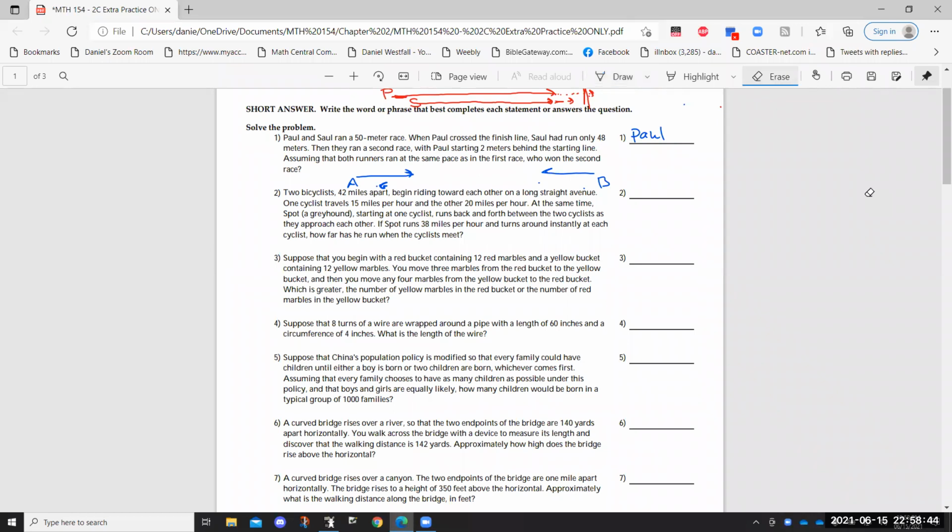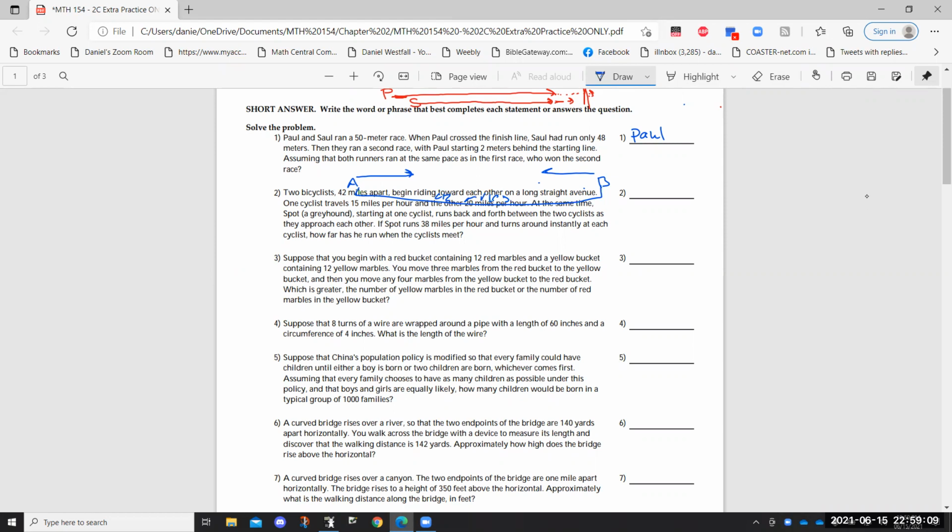Let's pretend he's not in the problem. Let's go back to Algebra 1, where we had two trains that are approaching one another, or two cars approaching one another, or two bicycles approaching one another, right? Here, the distance between A and B is 42 miles.